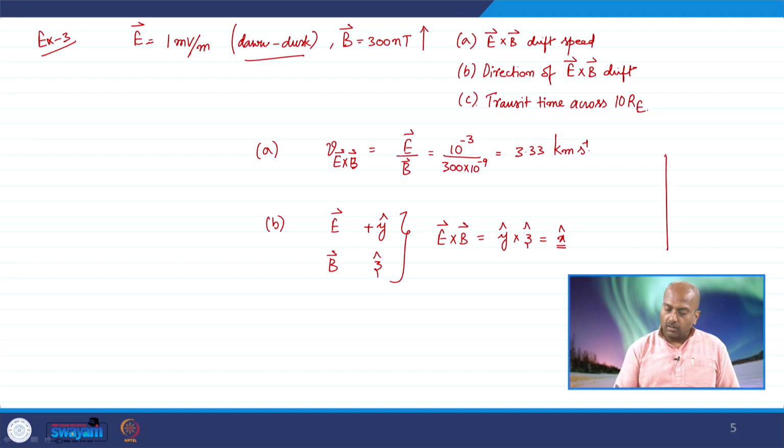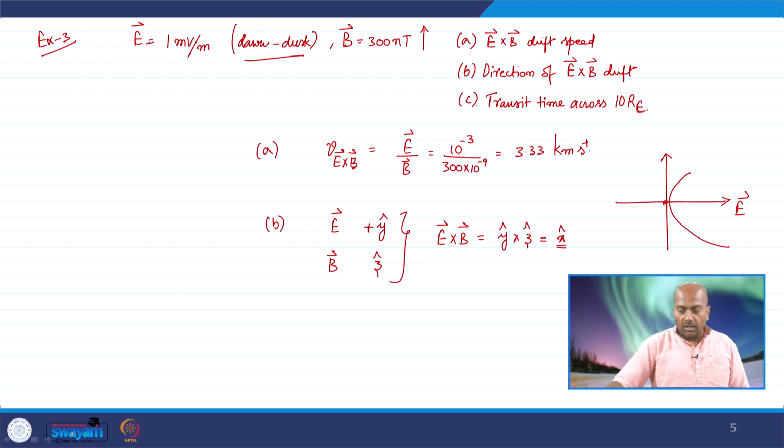This is the direction of the magnetic field, this is the direction of the electric field, and you are looking at the resultant of these two in the x direction. This is about the direction. So, what is this?